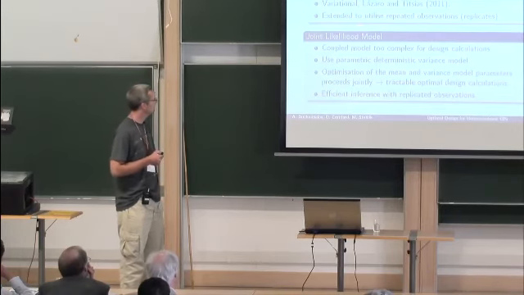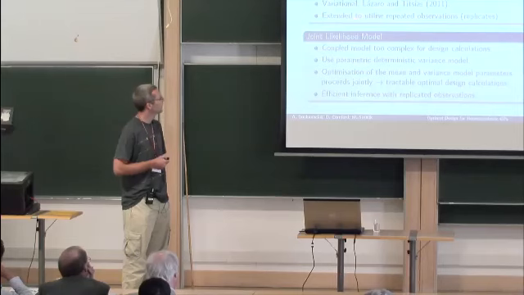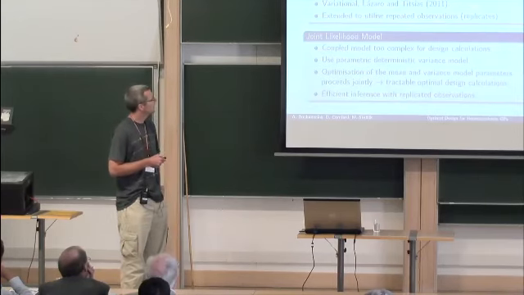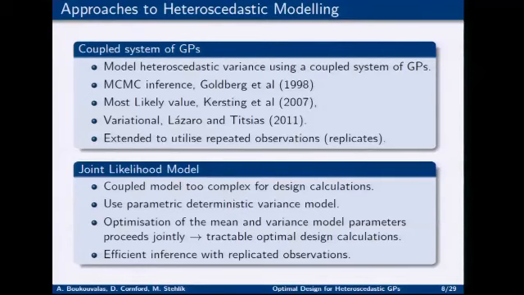And we have taken this type of model and we have extended it to utilize repeated observations. I don't talk about this here because this type of model is too difficult to use for optimal design. So a much simpler model is what we call the joint likelihood model.